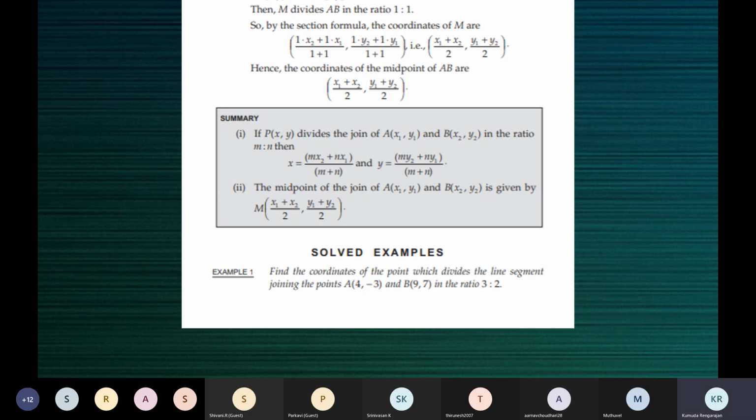Take up a line segment. One end write A (4, -3). The other end write B (9, 7). And on this line segment, mark a point P. And the ratio AP is to BP is 3:2.